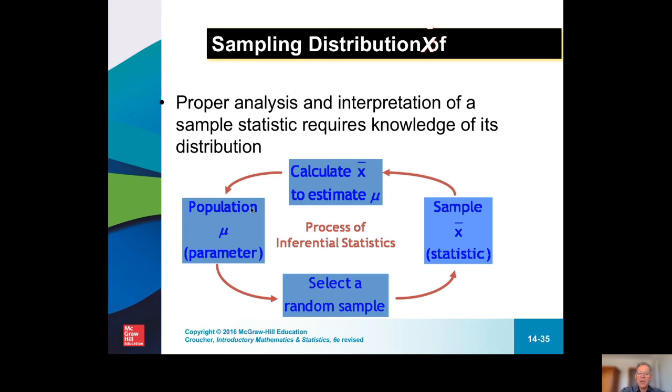And so it's an ongoing process, perhaps. We select a random sample, we calculate the mean, perhaps the statistic is our mean measure of the sample, and based on that, in the process of inferential statistics, we try and infer what the population mean might be. We draw some conclusions about the population, and we just keep going.